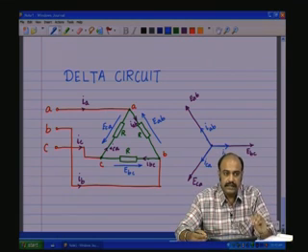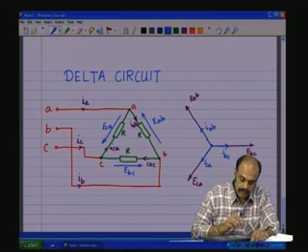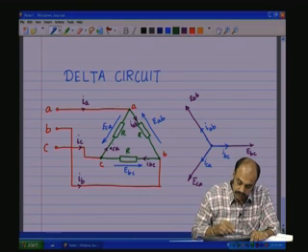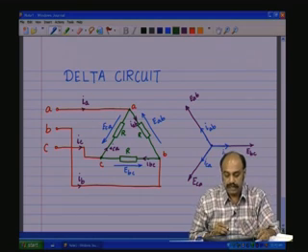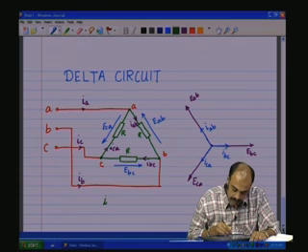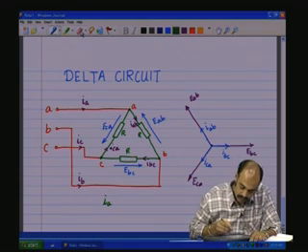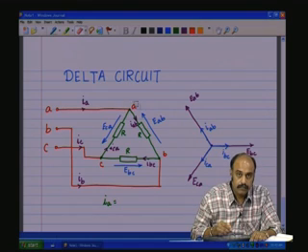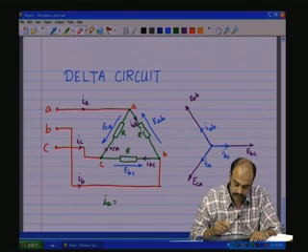Now, how do we relate the 3 phase currents with the line currents IA, IB, IC? So, now we apply the Kirchhoff's current law. We look at this node here, IA is equal to the current which is going out here, which is IAB, minus the current which is coming through here, because they are now in 2 different directions.